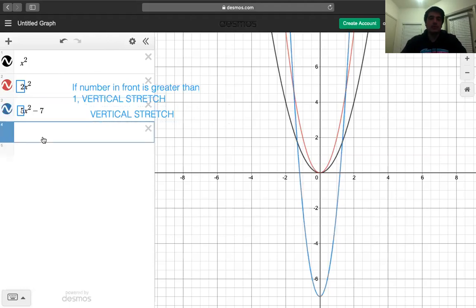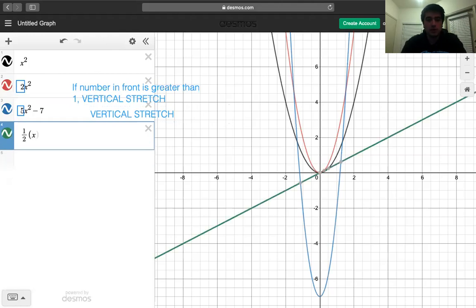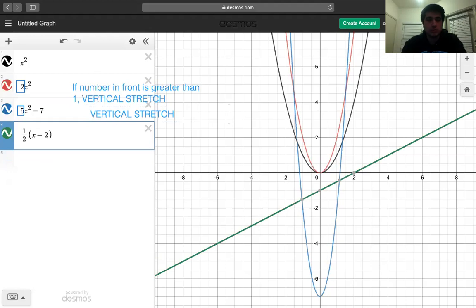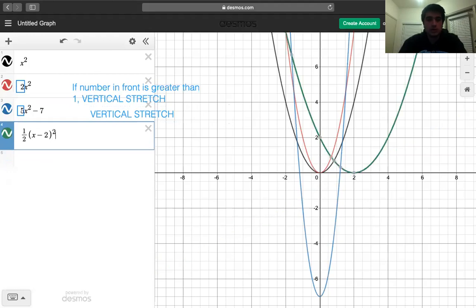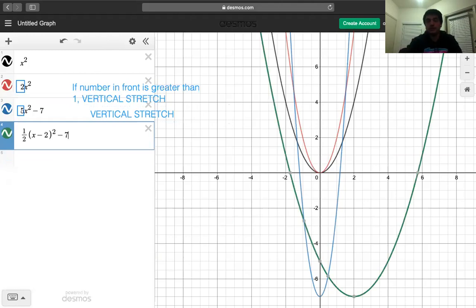Now let's look at another type of example that we might see. Let me leave those on there. So let's say I have 1/2 (x minus 2) squared, let's say minus 7, right? Something way down there. So this graph looks really weird compared to anything we've seen, right?